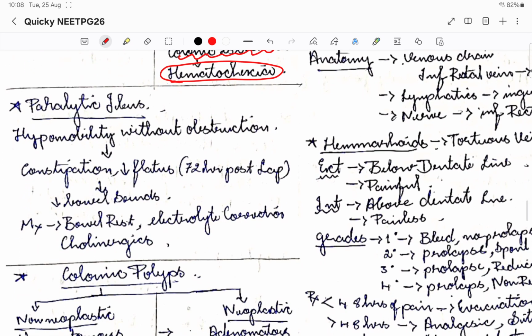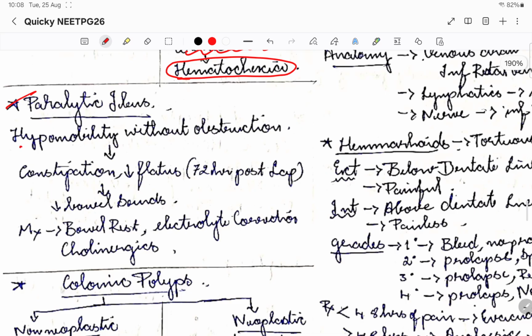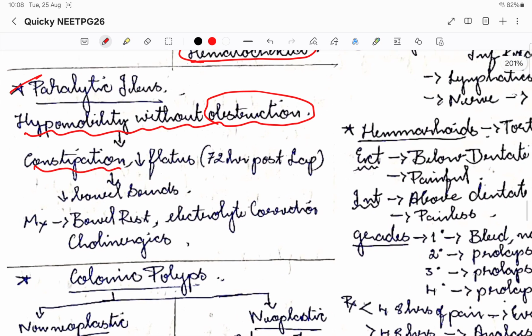The other one, a very important one, is paralytic ileus, where just like we saw it in Hirschsprung's disease, right? Here also there is hypomotility without obstruction, okay. Hypomotility causes the stool to stay there only, which will lead to constipation and reduced flatus, okay.